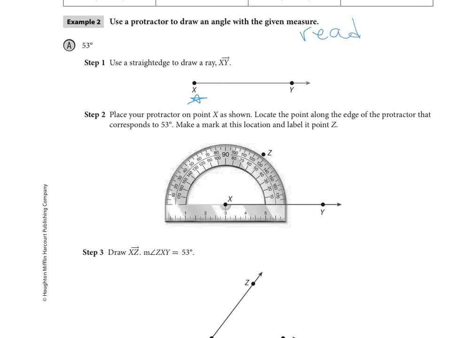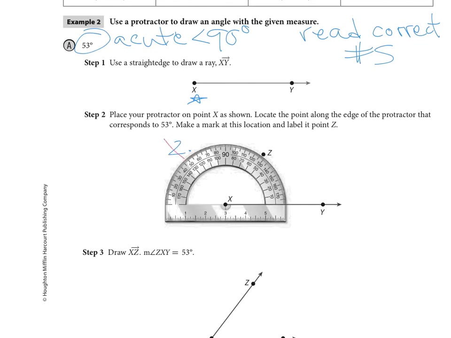So just make a note to yourself. So again, 53, if we think of from the beginning, this is an acute angle because it is less than 90 degrees. So if you were, for instance, to put the 53 over here for Z, which is wrong, put an X through it so you know that.